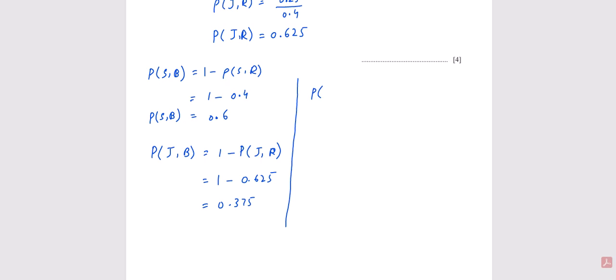Using the formula, probability of both blue is equal to the probability of Stephen picking the blue counter multiplied by the probability of Jen picking the blue counter.